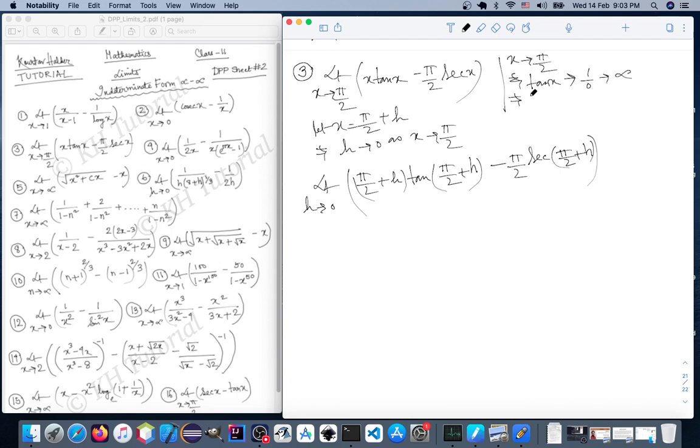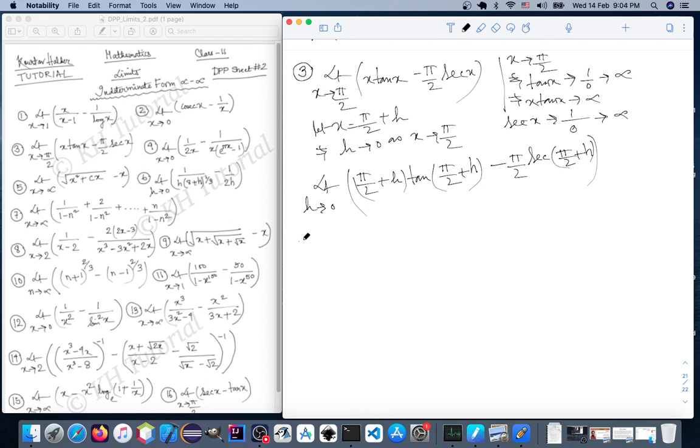This implies x tan x tends to infinity, and sec x tends to 1 by 0, tending to infinity. So we have this limit.